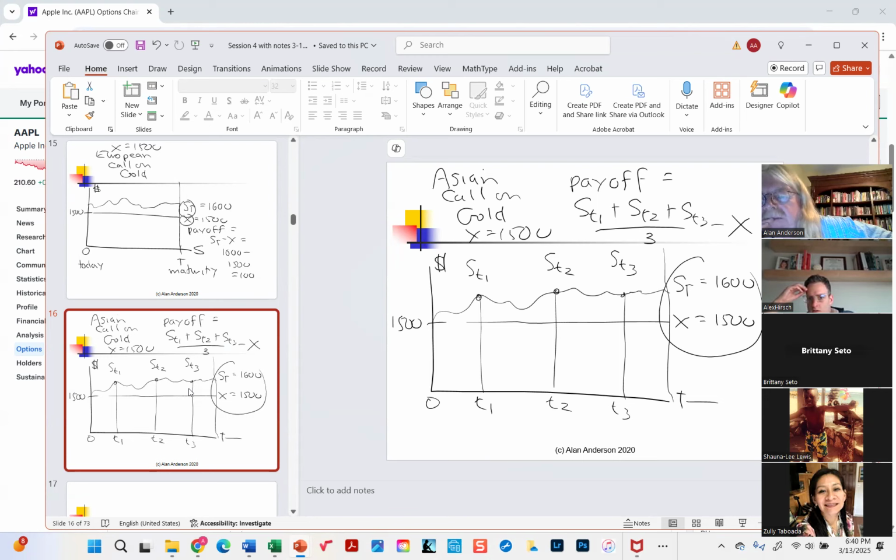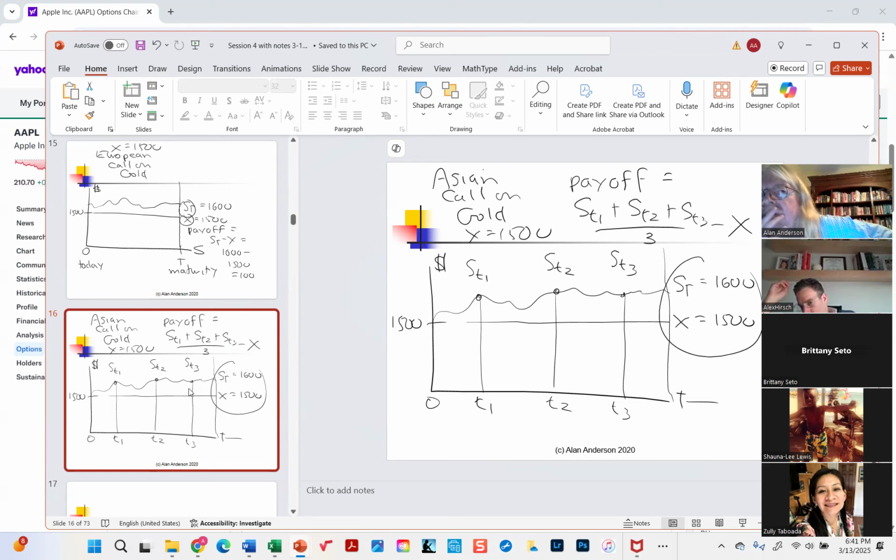Would it be the same value for the European one too? You can always calculate a market price, but this one is a lot messier because we're calculating the average as opposed to the final trading price. That average can change dramatically from one day to the next.